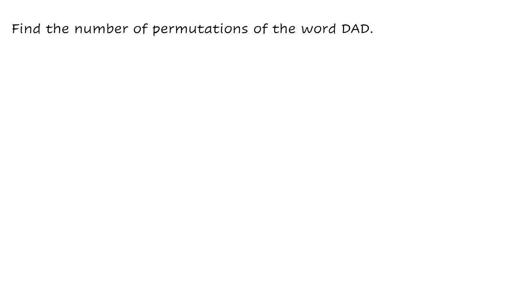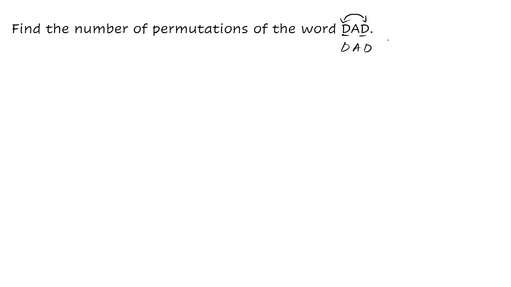Next, find the number of permutations of the word dad. Okay, so in this case, alam natin na ang dad ay merong magkamukhang letter, yung D. So kapag pinagbaligtad ko tong dalawa na to, still, it will be spelled as dad. So it will still be read as dad. So this is distinguishable permutation.